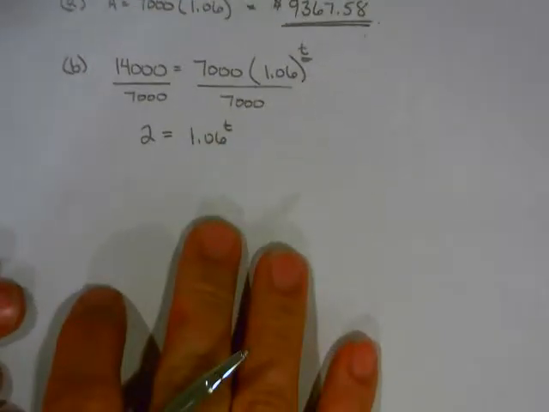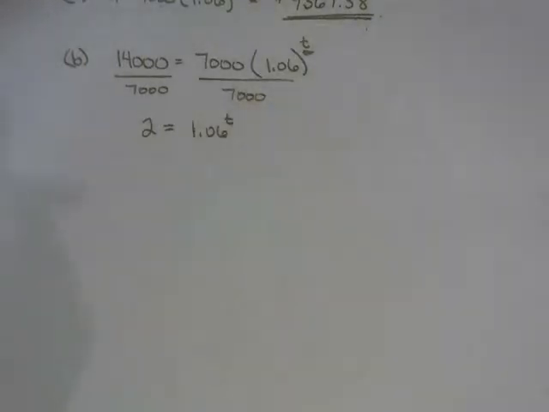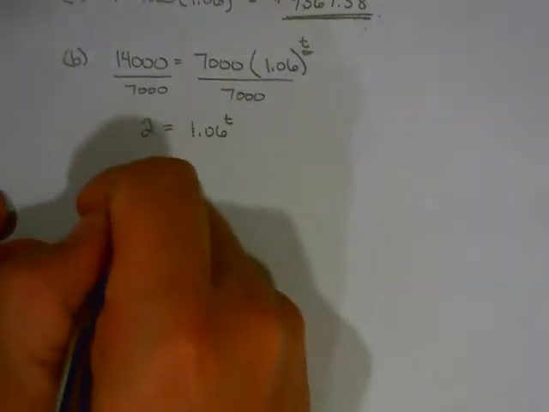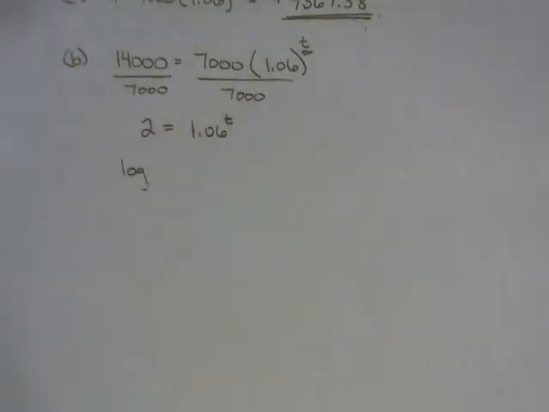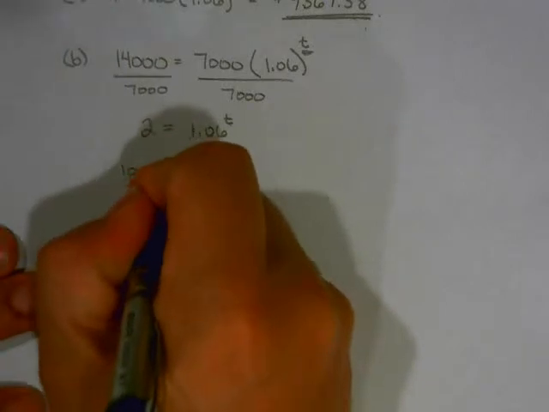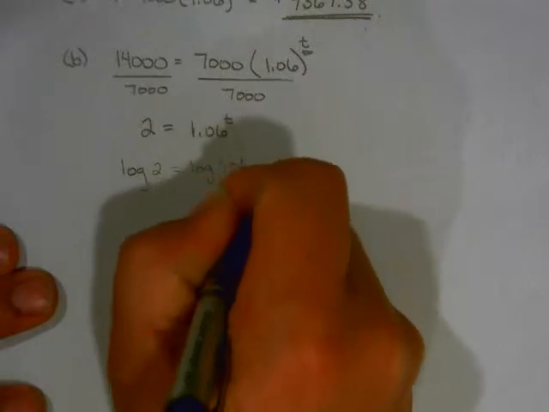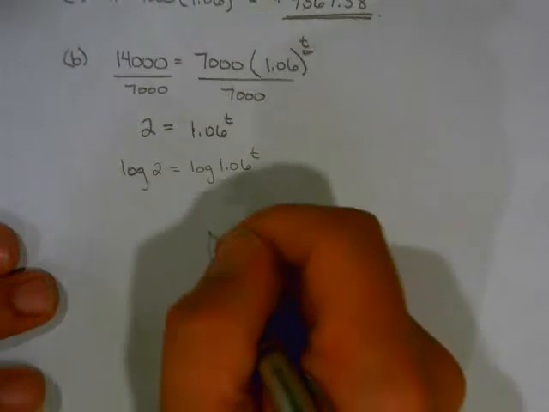Now we're looking for that exponent. Somehow we have to bring that exponent down to be able to solve, to get a T equals. So you have a few different methods. One method is to take the log of both sides. So we have the log of 2 equals the log of 1.06 to the T. Whatever you do to one side, you have to do the other.